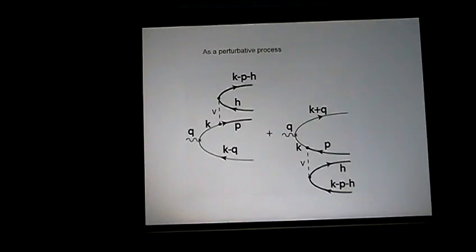In momentum space, if I look at this perturbatively, this just creates 2 quasi-electron states from the Mott band.